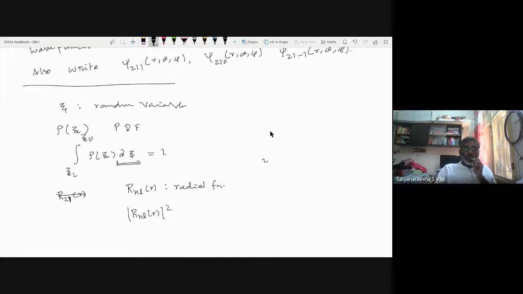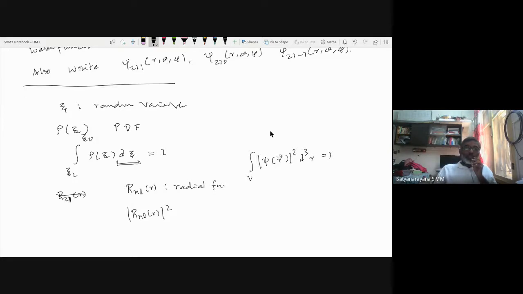For example, if you take psi of R, mod square of psi of R is a probability density. When you take d3R and integrate over the entire volume of interest, you will get 1. Now if I take a piece of this wave function without the relevant integration measure, I will not get that normalization.